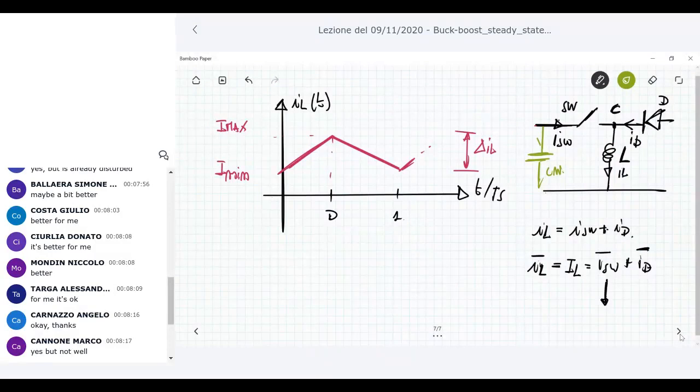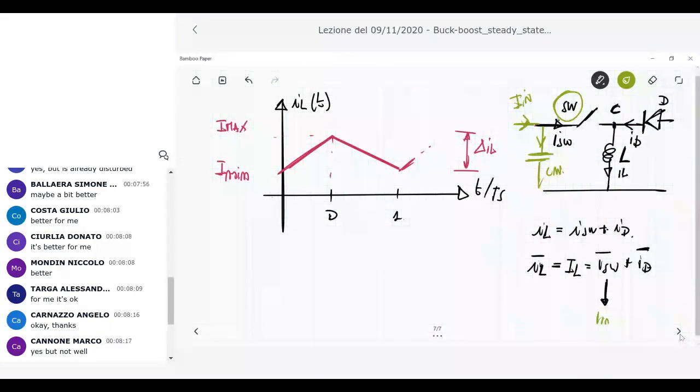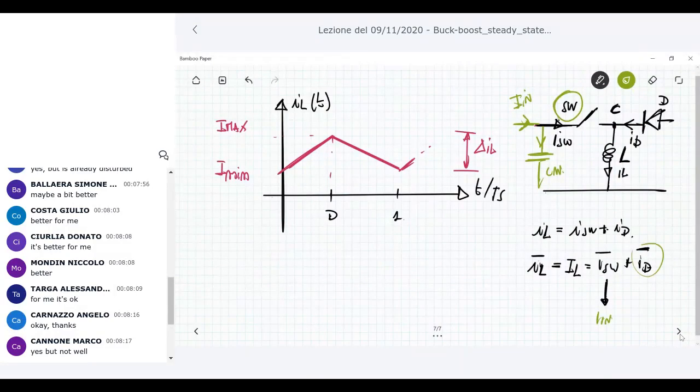So no DC current can flow here, which means that all the DC components you have in the switch flow here, on the input side. So this is the input current. So the average switch current is the same as the input current.